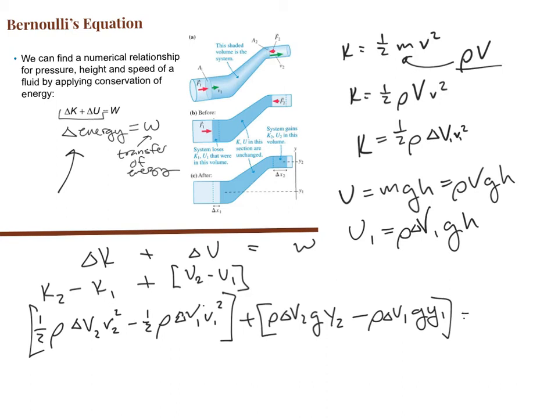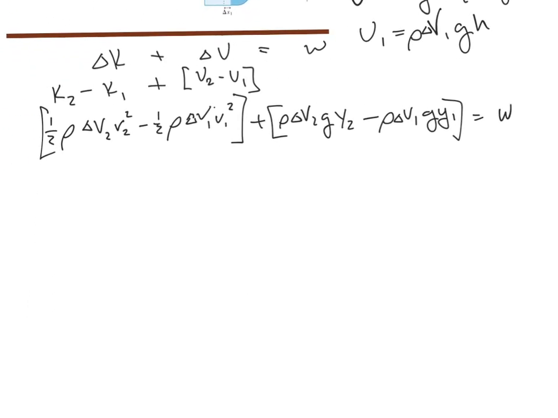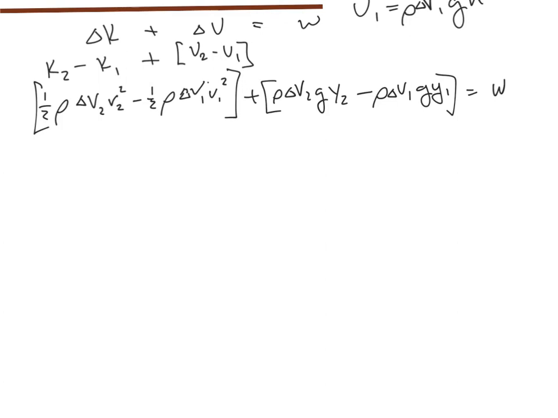And this equals work. So now really the last thing we have to examine is the work, this W over here. All right, got to move everything down so we can look at just the work. So we know that our favorite definition of work is force times distance, which here we'll call force times delta X, which would be motion through the system.